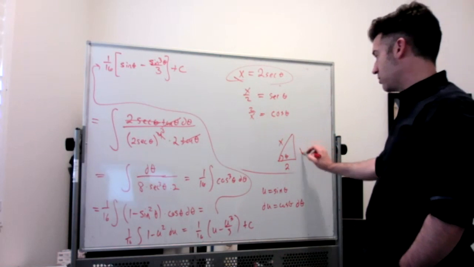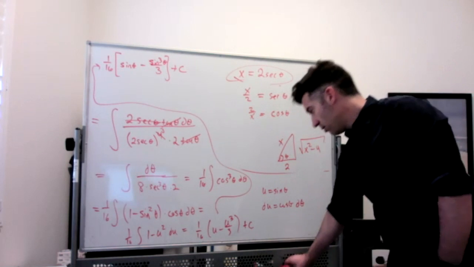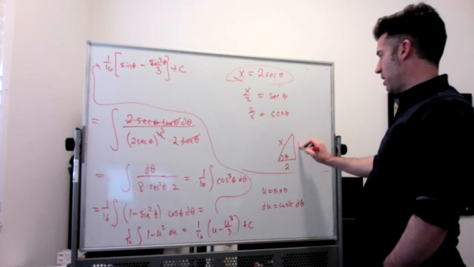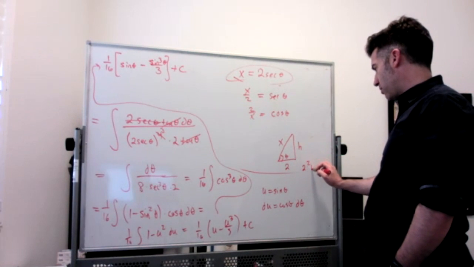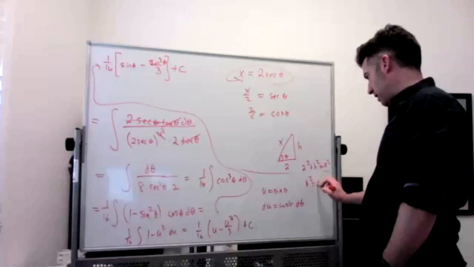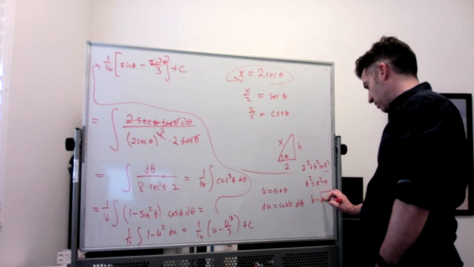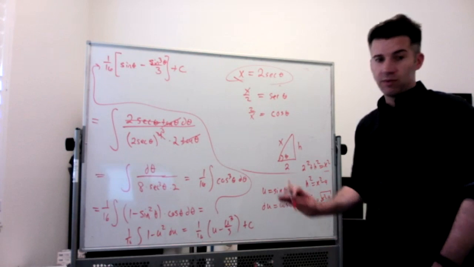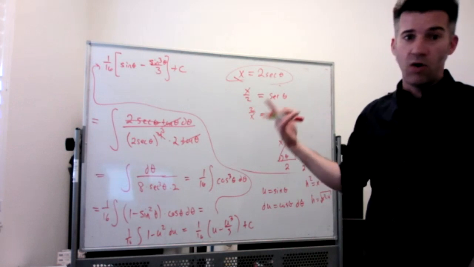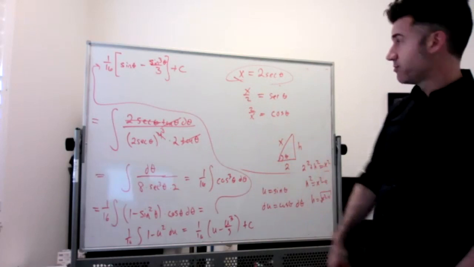It was the square root of x squared minus 4. But you can also do the work. You can say, okay, that's the height, and 2 squared plus the height squared equals x squared, and the height squared is x squared minus 4, and the height is the square root of x squared minus 4. But I will guarantee that third unknown side of your triangle is always the square root that was in your integral that made you do the trig sub in the first place.